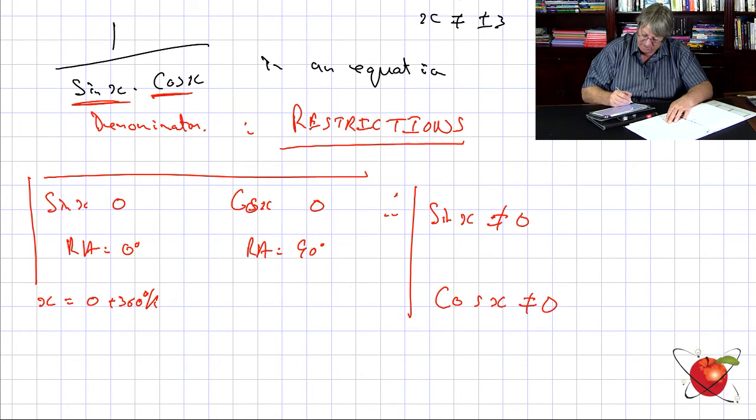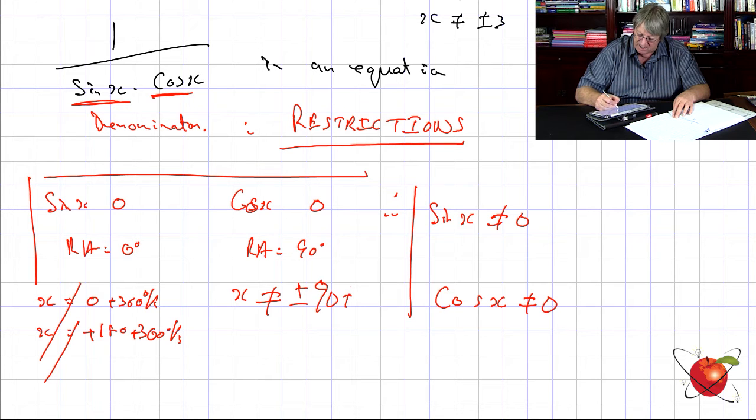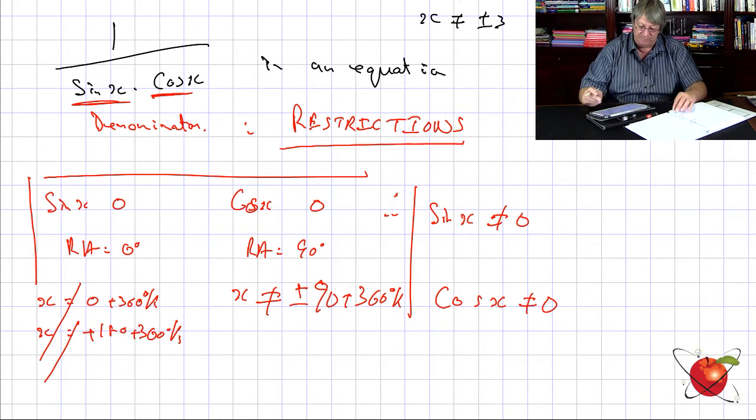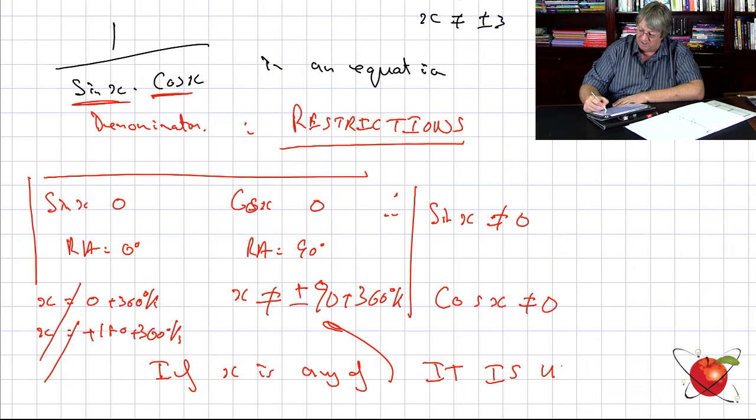Over here, x equals minus 180 plus 360 degrees k. So the restrictions are that x cannot be equal to those. And similarly here, x cannot be equal to plus or minus 90 plus 360 degrees k. Thus, if x is any of those, it is undefined.